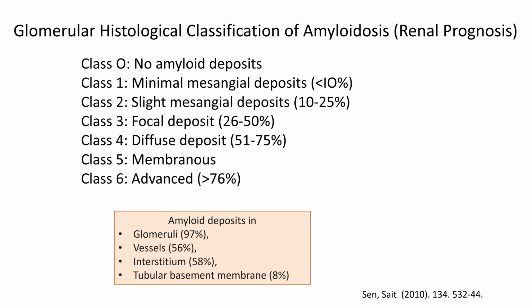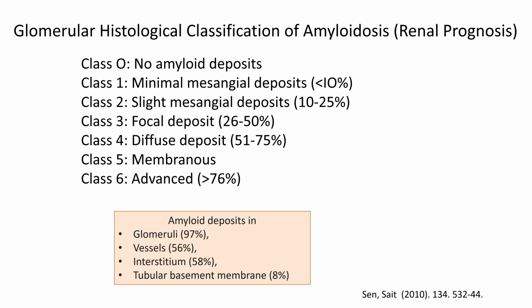This is a renal prognosis of deposition of amyloidosis. Class 0, no amyloid deposits. Class 1, minimal mesangial deposits under 10%. Class 2, slight mesangial deposits between 10 and 25%.